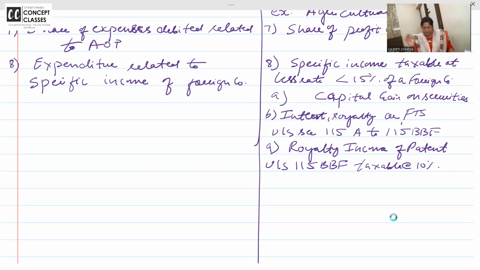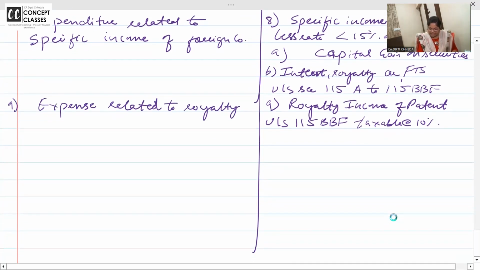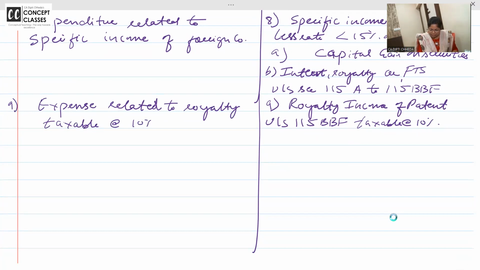So remove that income. If we are removing that income, then expense related to royalty, taxable at the rate of 10%.